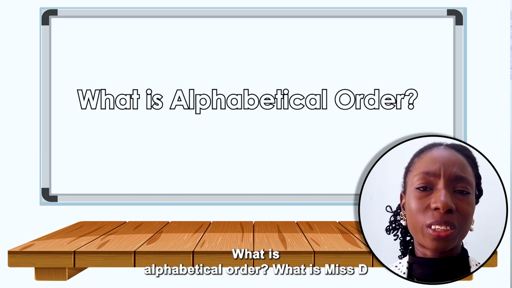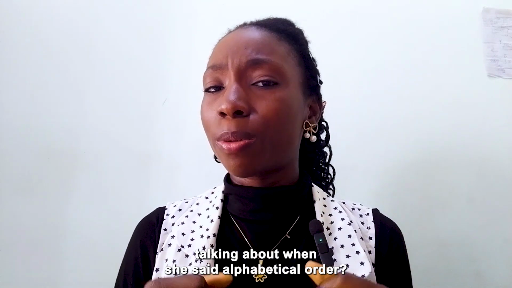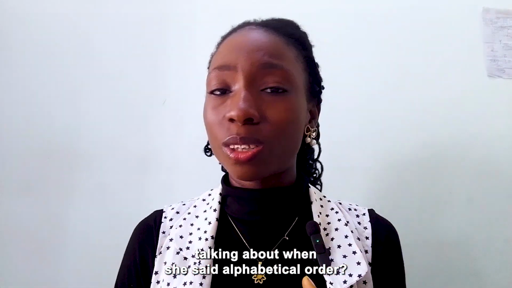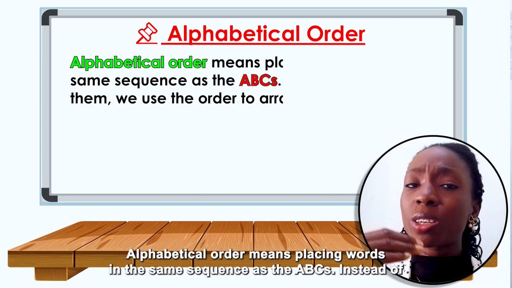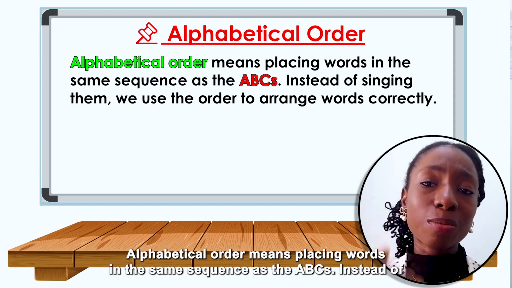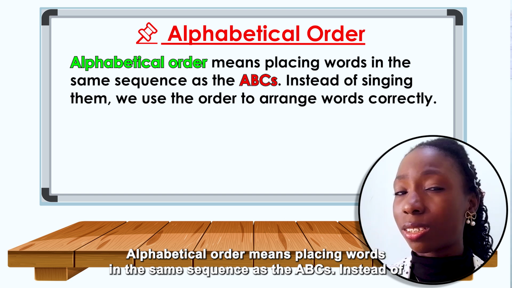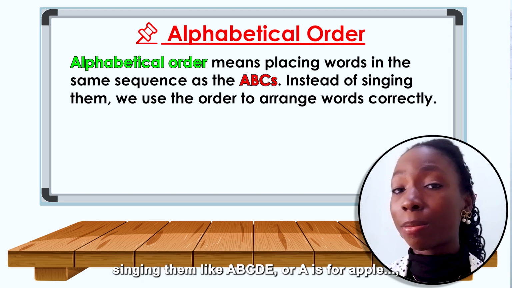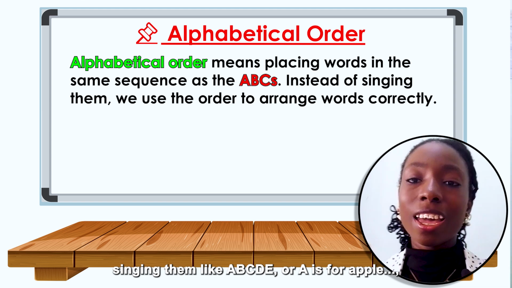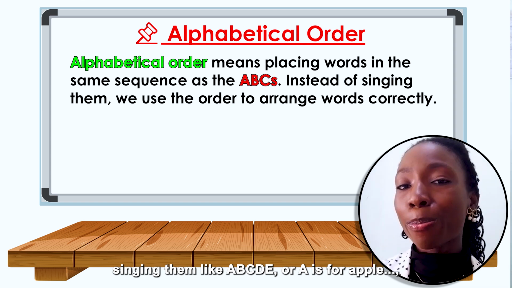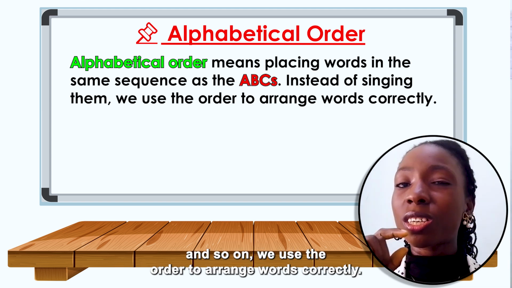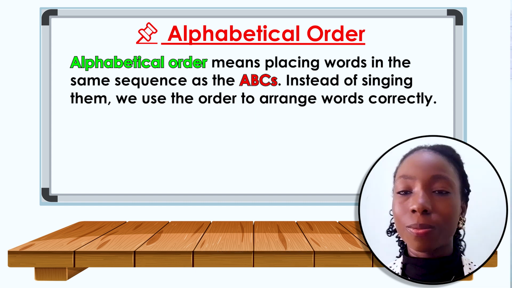What is alphabetical order? What is Miss D talking about when she said alphabetical order? Alphabetical order means placing words in the same sequence as the ABCs. Instead of singing them like A, B, C, D, E, or A is for apple, and so on, we use the order to arrange words correctly.